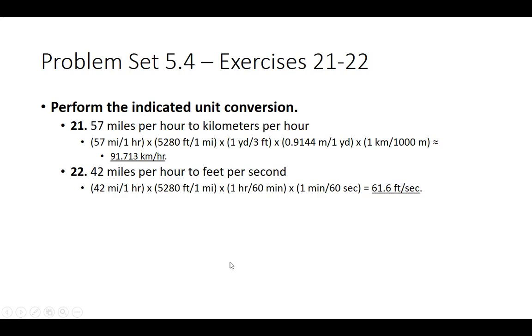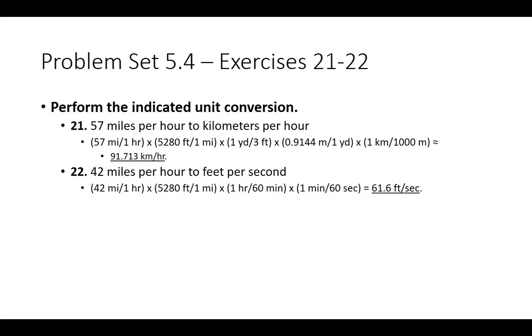Number 21, 57 miles per hour to kilometers per hour. We're going to have to use quite a few conversions to get there, but we're only changing miles to kilometers.